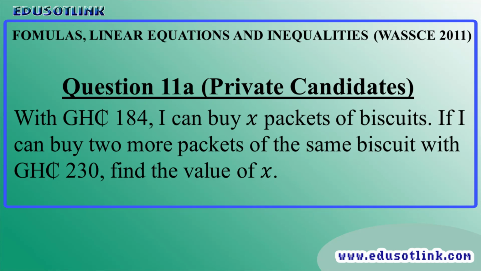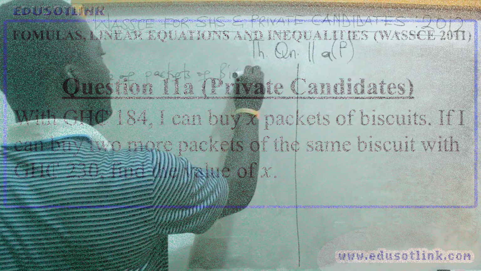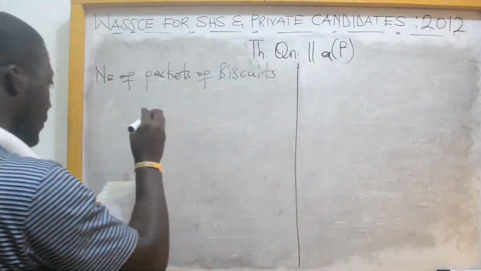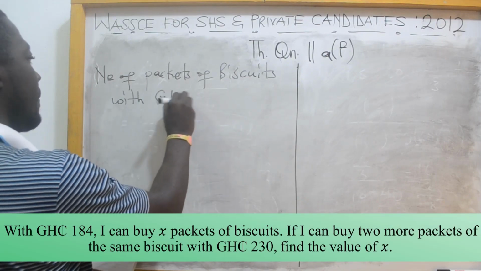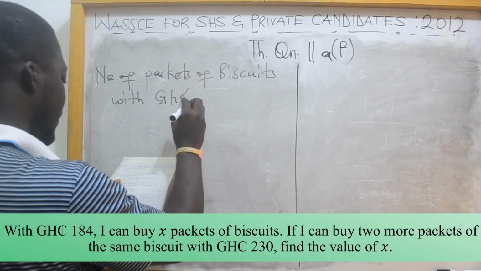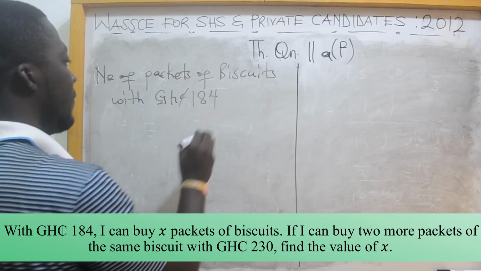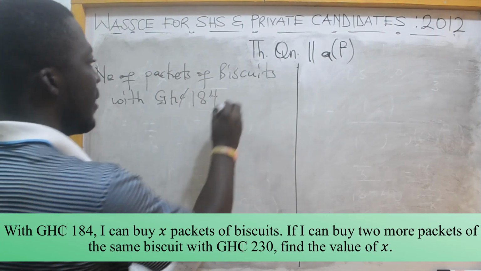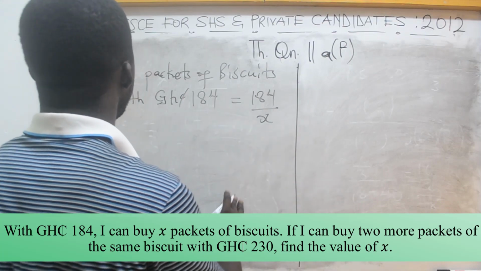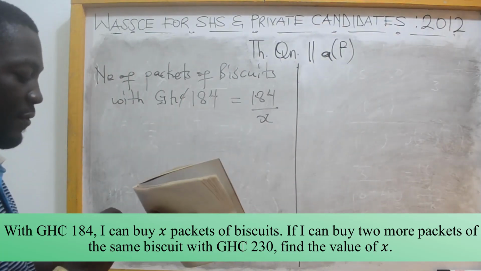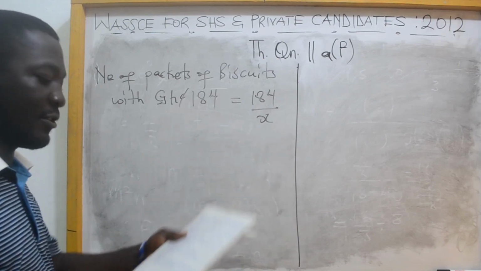So the number of packets of biscuits with the money, the money is 184 cedis, and that one is 184 divided by x. So with 184 Ghana cedis, you can buy x packets of biscuits.